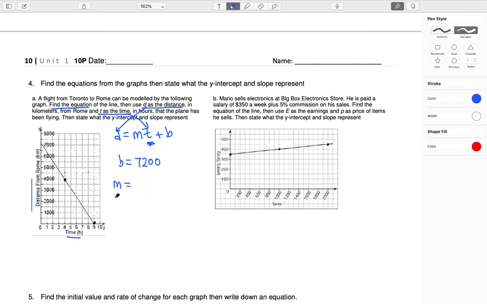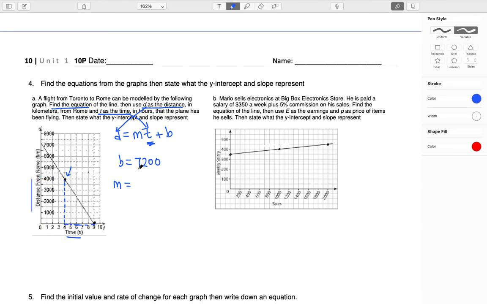And to find the slope, you can make a right angle triangle. It looks like the 2 points are given here. So I'm going to make these 2 points. I will start from this point and I'm going to go down. It looks like I'm starting from 4,000 and going to 0.